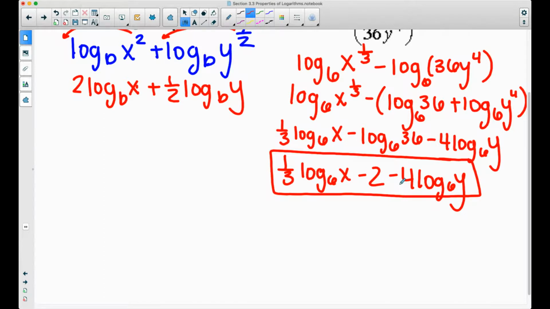So that's our final answer. No exponents, nothing being multiplied, nothing being divided, and we evaluated the log base 6 of 36. Any questions on that?